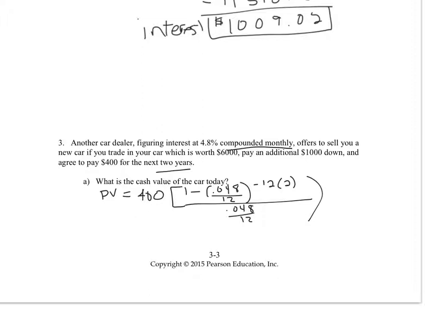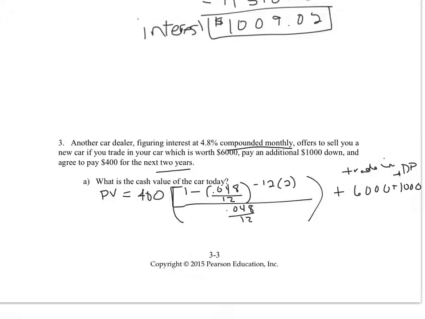Now again, don't forget, you have to add that $6,000 for your trade-in. And you have a down payment that he wants of $1,000. So you've also got another $1,000 that you're going to be paying.